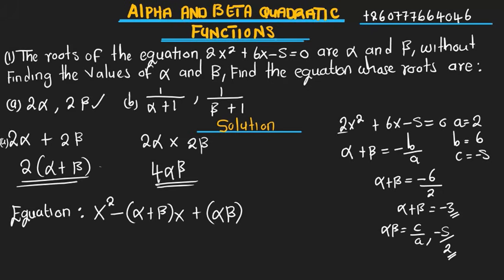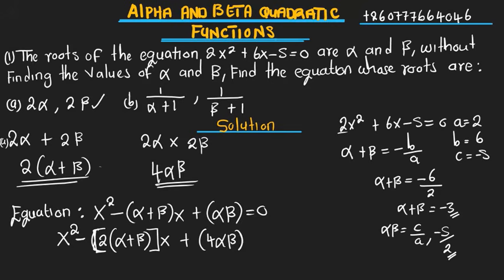So having this equation, we can do our thing. This is going to be the same as x to the power 2 minus, then we can replace, 2 alpha plus beta, x plus, then the product of roots, 4 alpha beta, equal to 0.